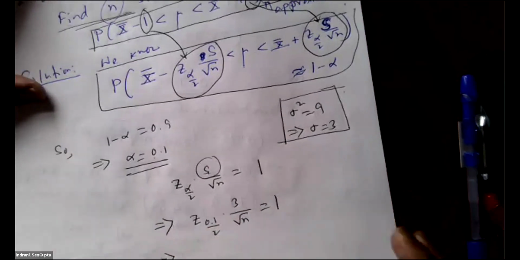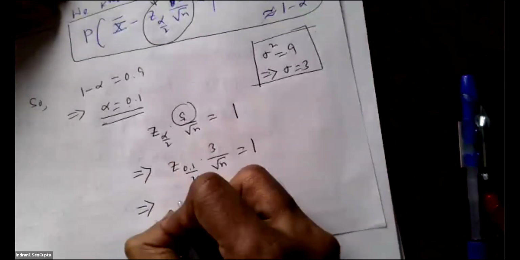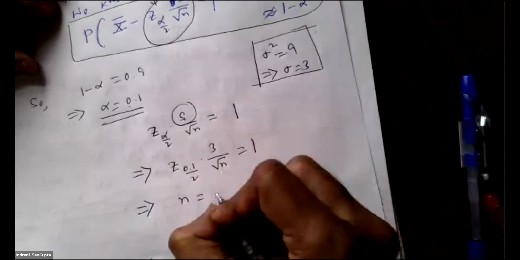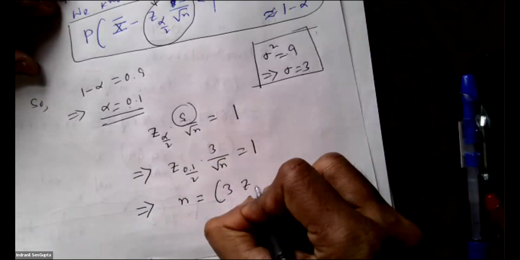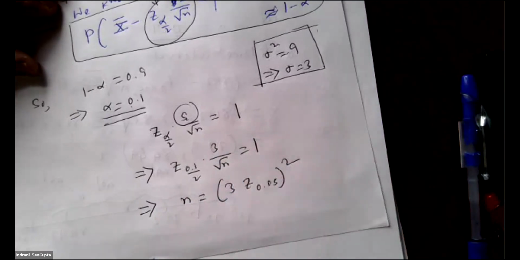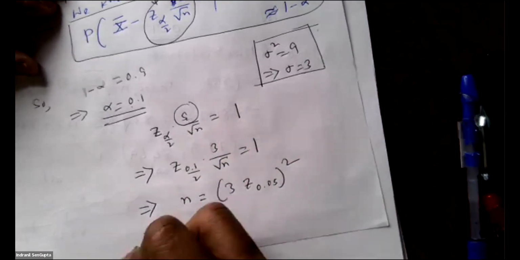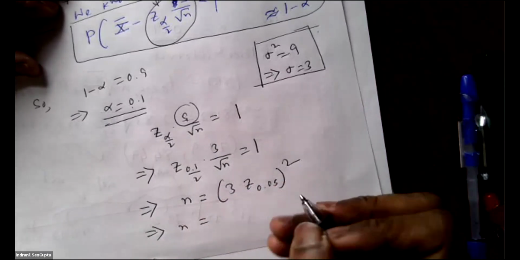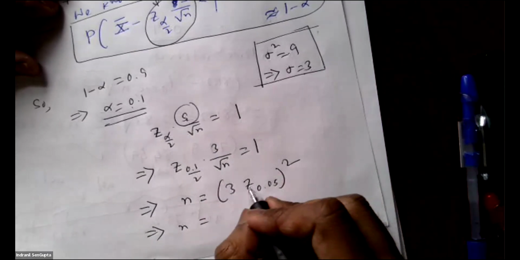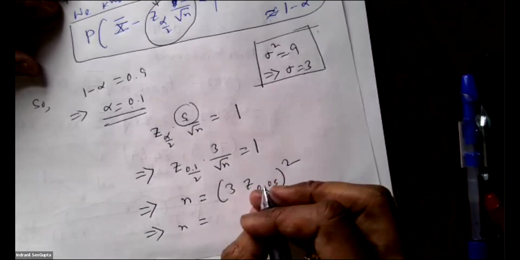So what I have is n equals z of 3 times z of 0.05 squared. And z of 0.05 squared we can find from the z table. We have done z tables in the previous class, but let me remind you.